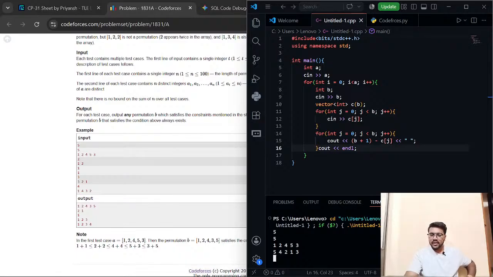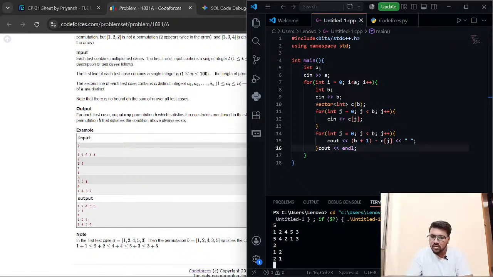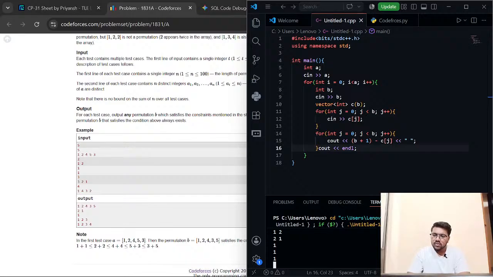Yes, it's printing correctly. Okay, we got it.